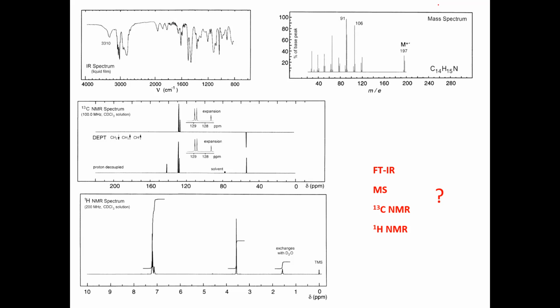I don't give you the UV here. UV tells you if there are aromatics or not. Can you tell me if there are aromatics or not? It's a 91, definitely aromatic, so there's no need for UV.